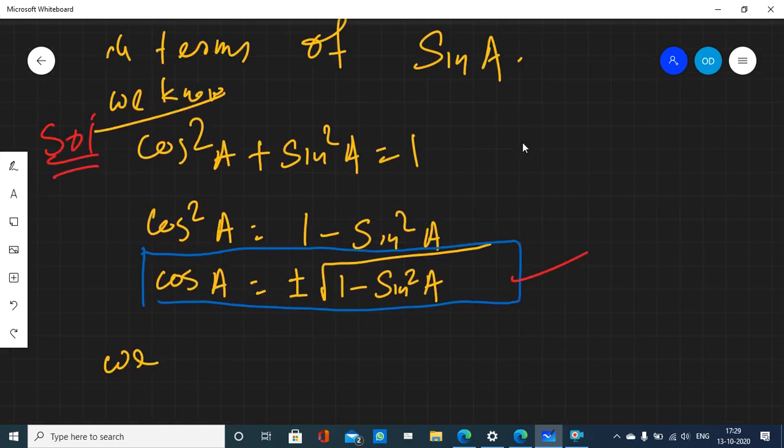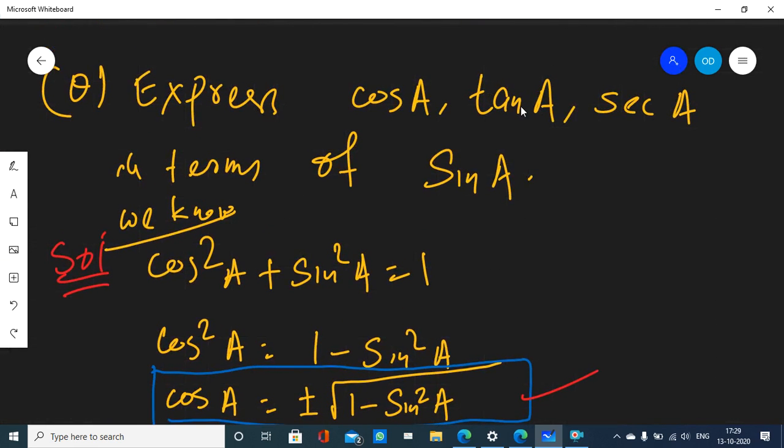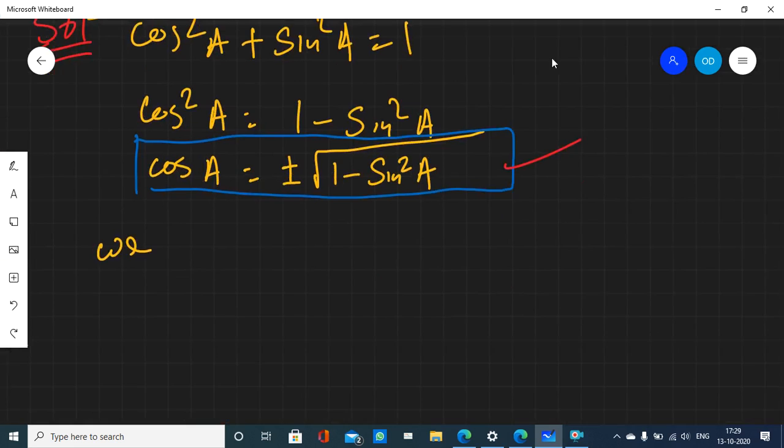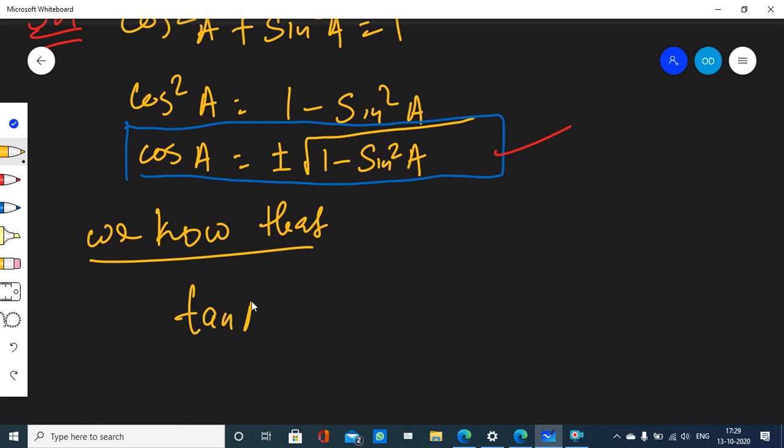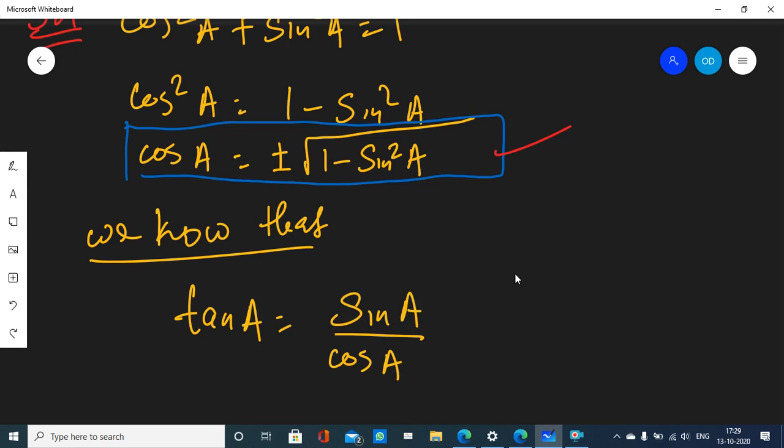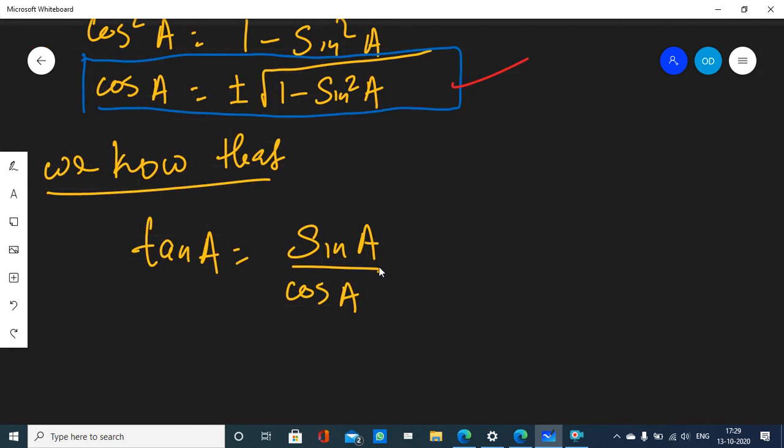Now we shall express tan A in terms of sin A. Well, we know that tan A is equal to sin A by cos A. But we have to express tan A in terms of only sin A. There should be only sin, no cos or anything.